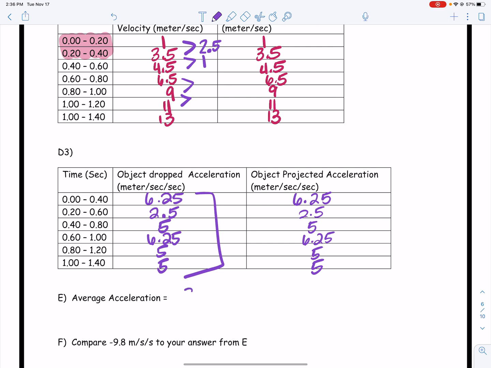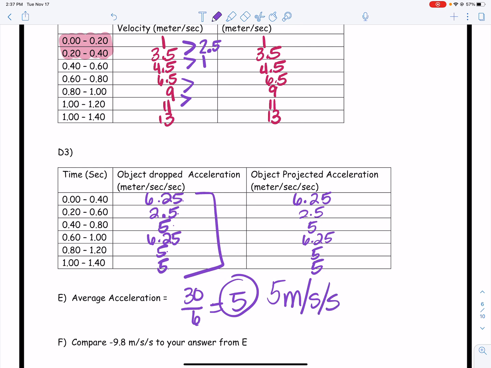So I got 30 for my total, and there's 1, 2, 3, 4, 5, 6, divided by 6, and my answer is 5. Okay, so my average acceleration is 5 meters per second squared because we did the seconds twice.